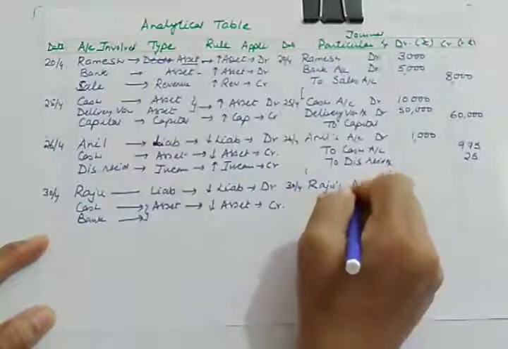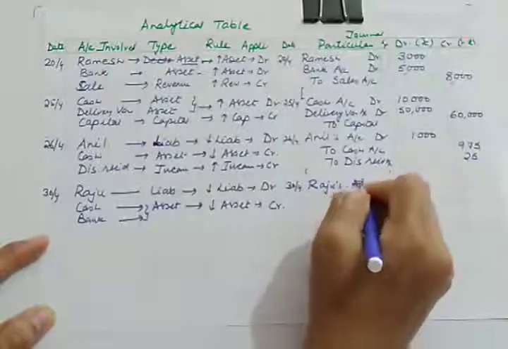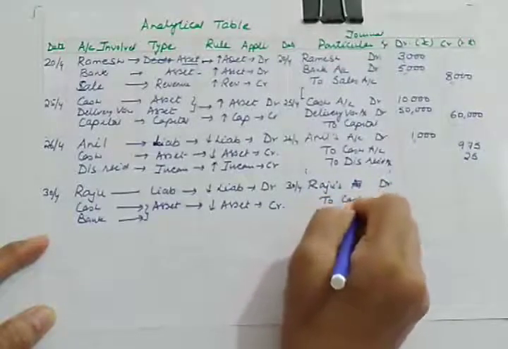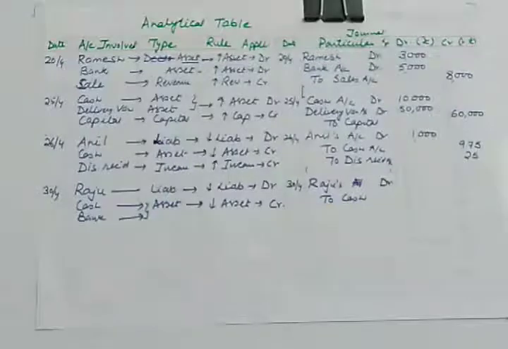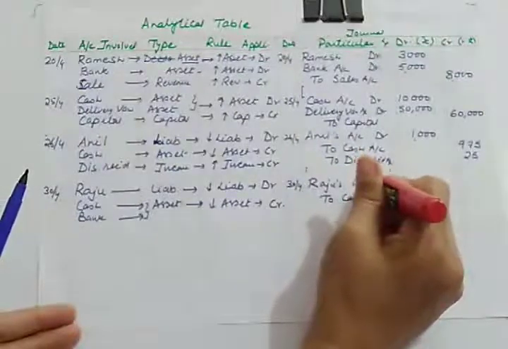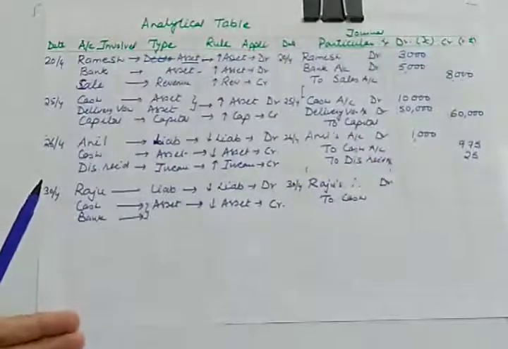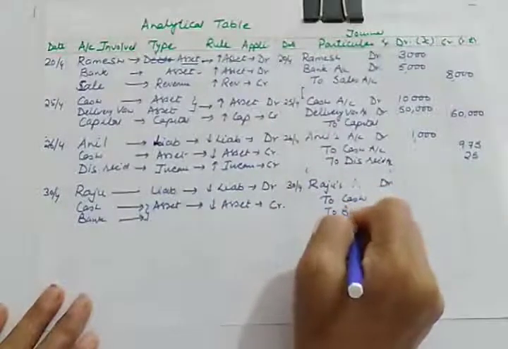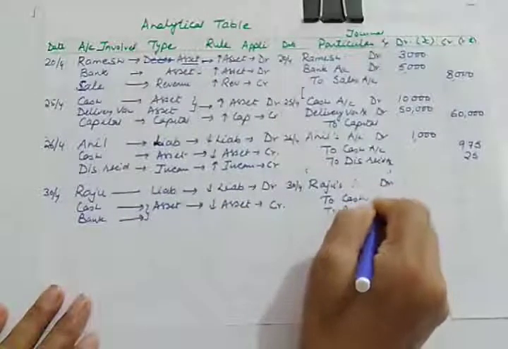Raju, you always write the debit amount first. So Raju's debit to cash account and to bank account.